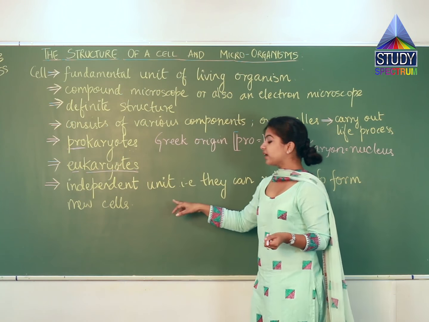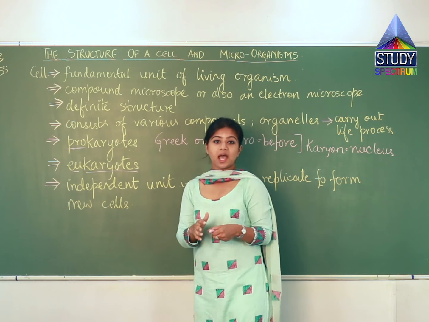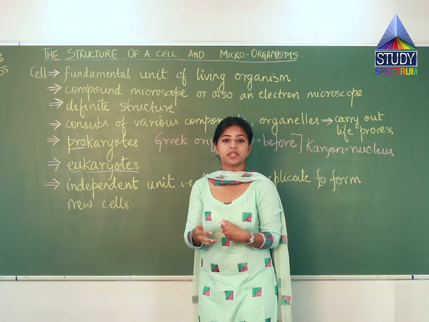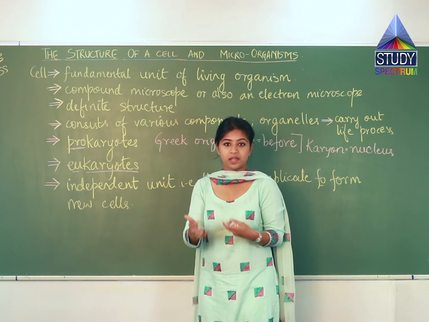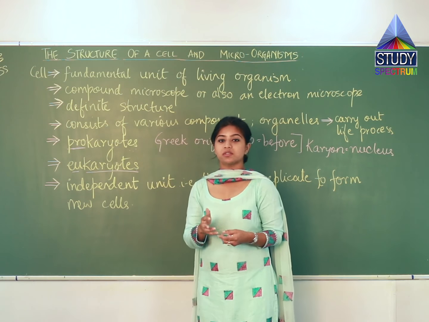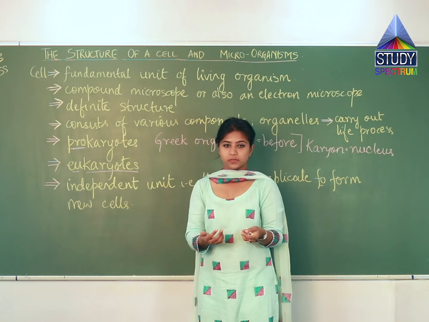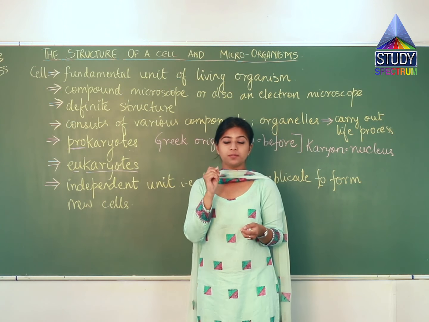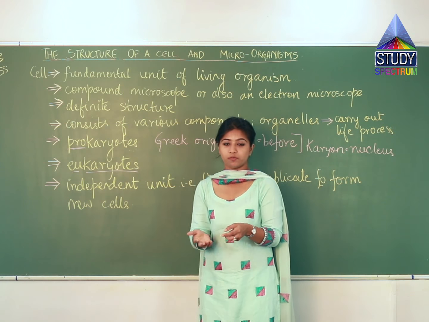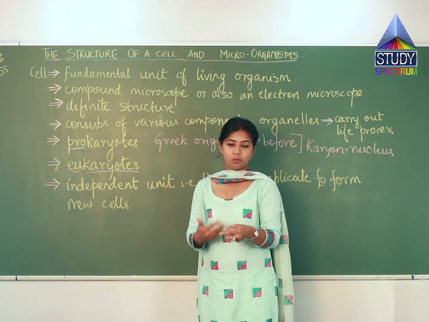Now let's switch back to the cells. Cells are very independent units, and they can carry out the function of their replication very independently, that is by their own help, by their own means. Now what is replication? When I told you that these cells are the fundamental unit and the basic unit of the living being, just analyze this on your own self.